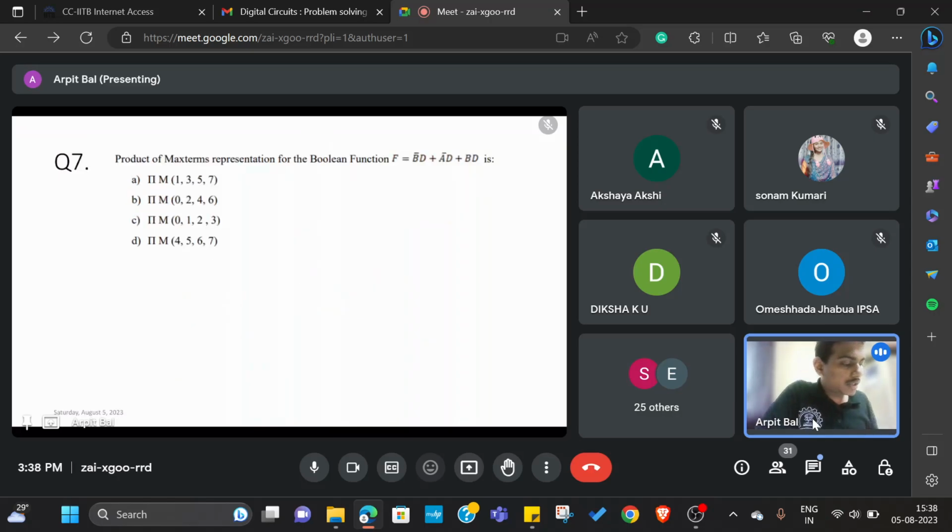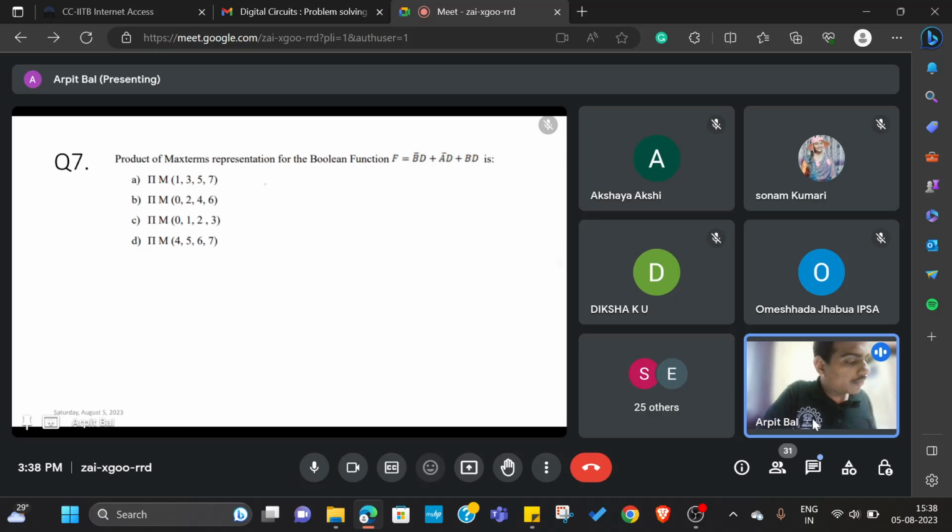So in the next question, we have a Boolean function f equal to b bar d plus a bar d plus bd, and we need to find out the product of max terms representation. For doing this, we can use Karnaugh maps.